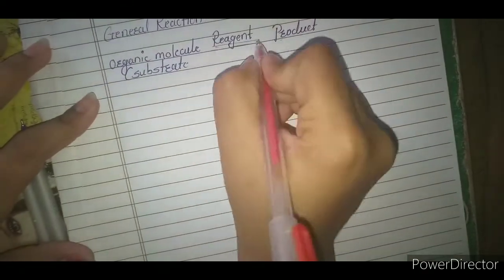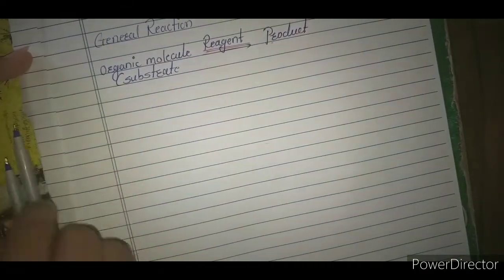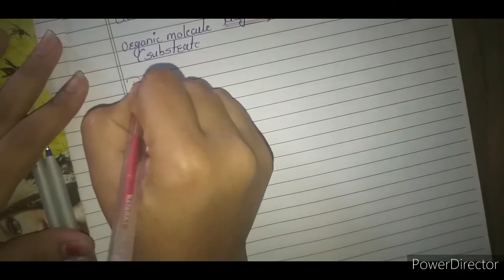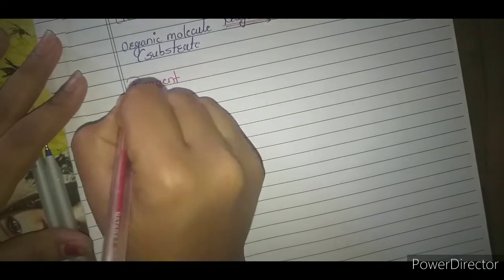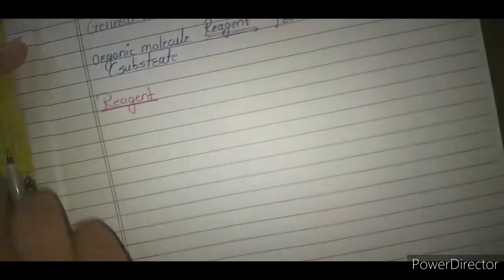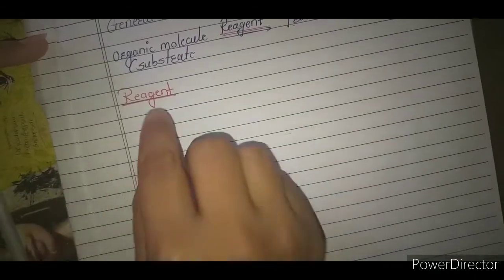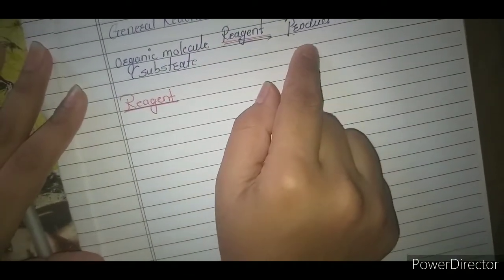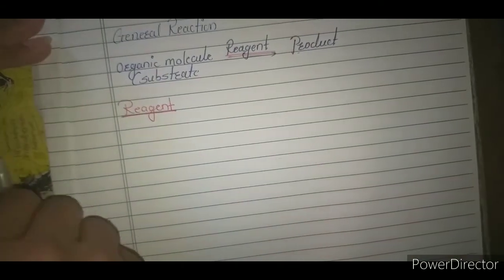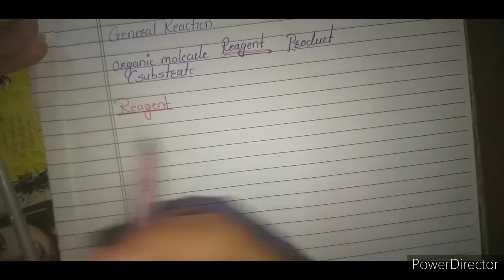So what is a reagent? Reagent. Okay. A reagent helps in the reaction to form a product. There are two types of reagent.